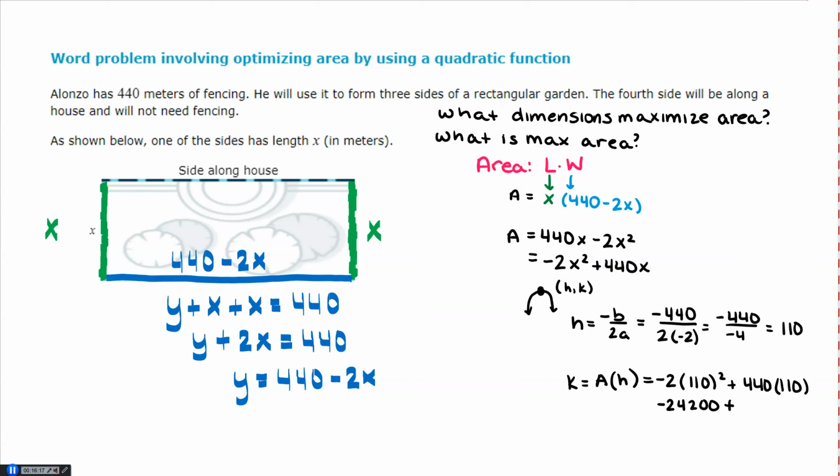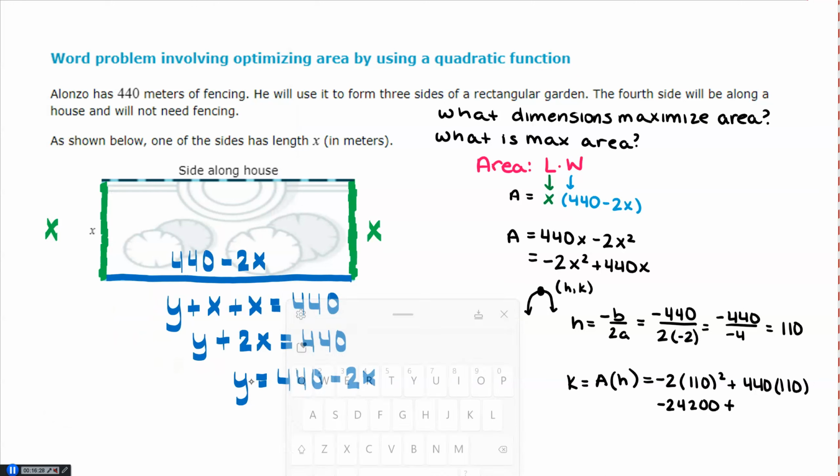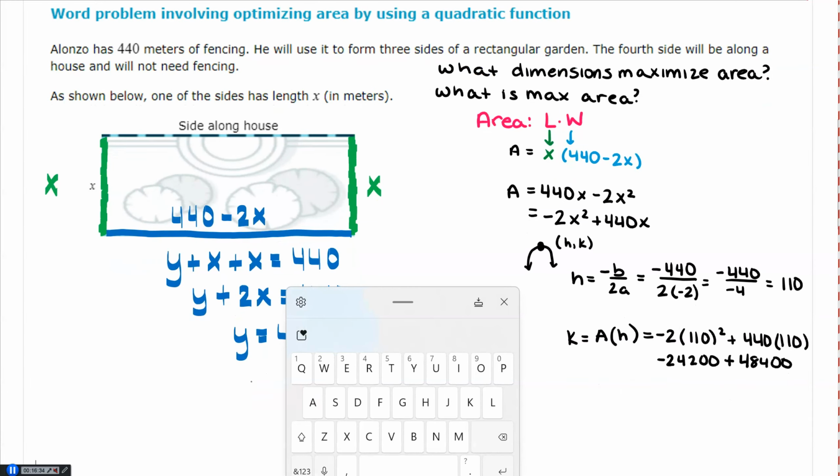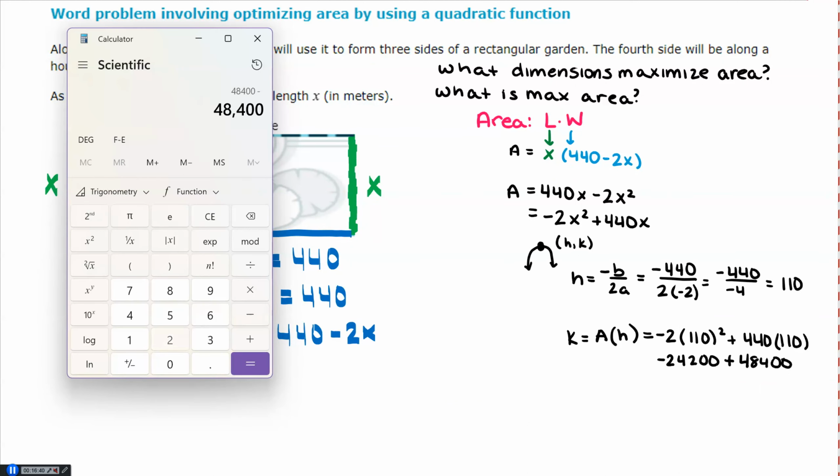And then 440 times 110 is 48,400. And then I have to subtract those: 48,400 minus 24,200. So 24,200.